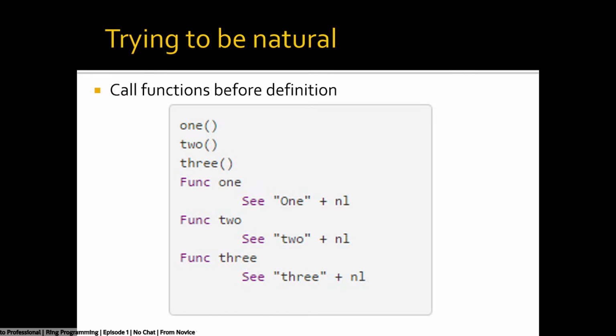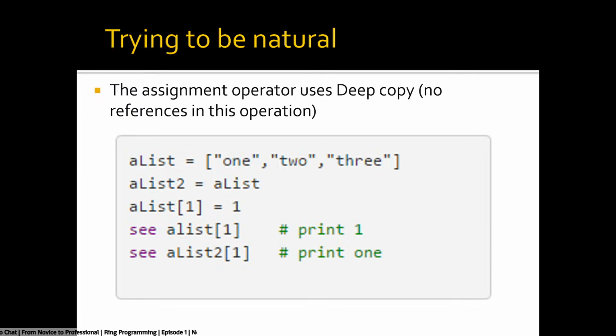And it's not a whitespace language, just FYI. It is also not indentation driven for scope. The assignment operator uses deep copy, no references in this operation, meaning we make the assumption that we're always going to do a clone, but we still have the option to call a reference if we need to.